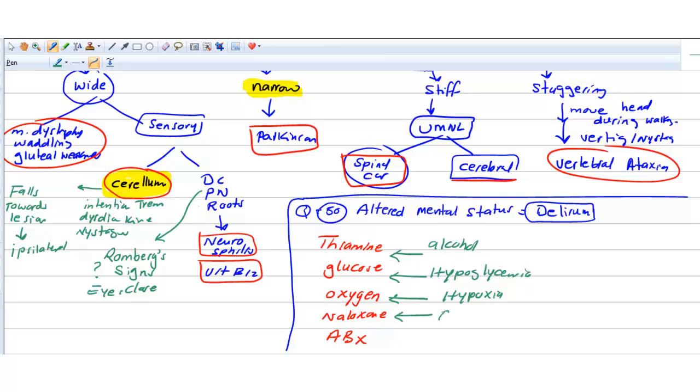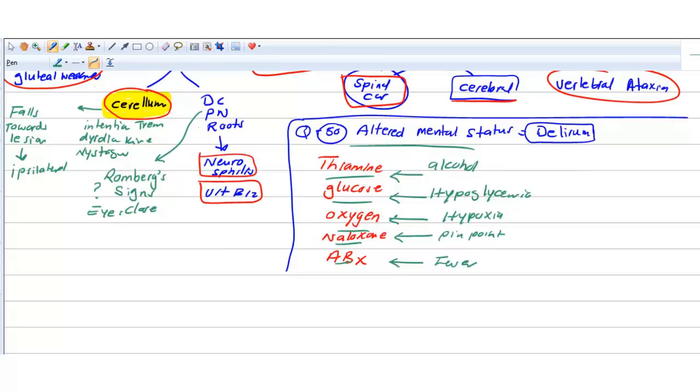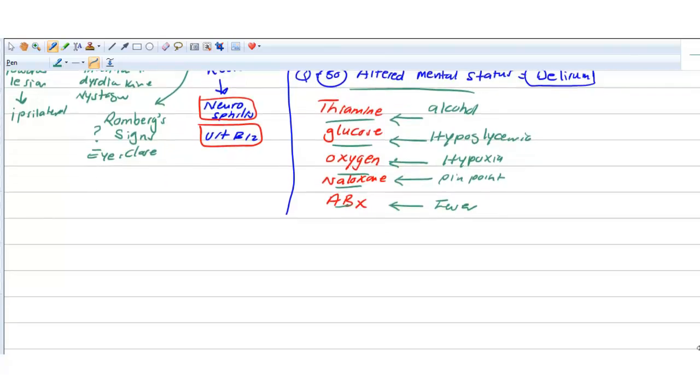Naloxone is important: you will see pinpoint pupils, so basically we are talking about drug overdose and respiratory depression. And here fever may be important for infection. So don't forget these options. If he gives you these options, that means he's talking about these diagnoses. I just remembered it. There will be a talk about altered mental status and how to approach it.